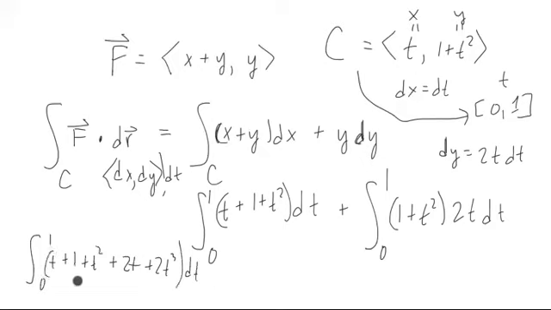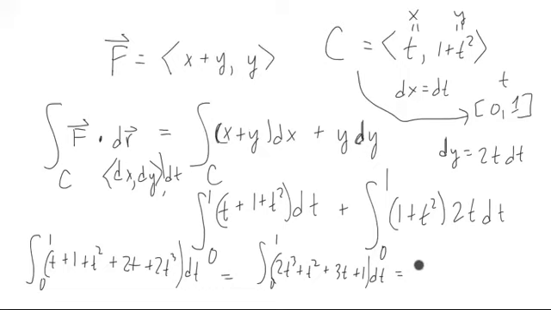Okay, and then maybe combine like terms. That's going to be the integral from 0 to 1 of 2t cubed plus t squared plus 3t plus 1 dt.